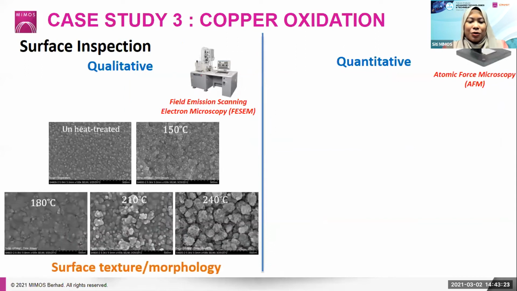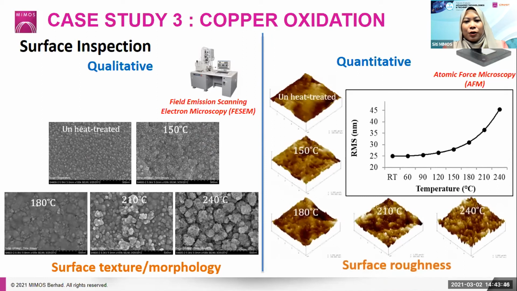So this is the result from the FESEM inspection. You can see the change in the surface morphology from fine texture to a rough texture and also a granulated structure on the surface here. But again, this is only qualitative information. For quantitative information, we can perform atomic force microscopy.